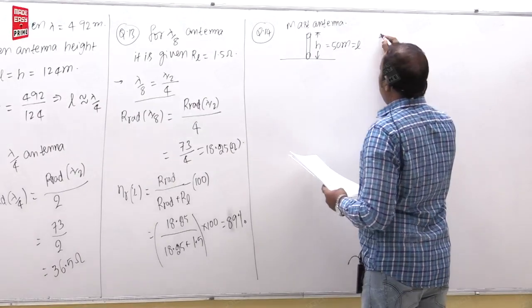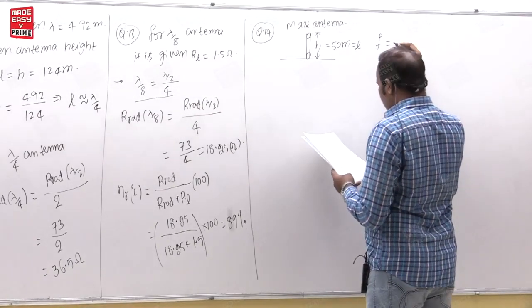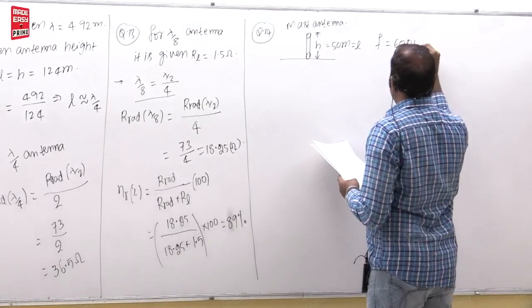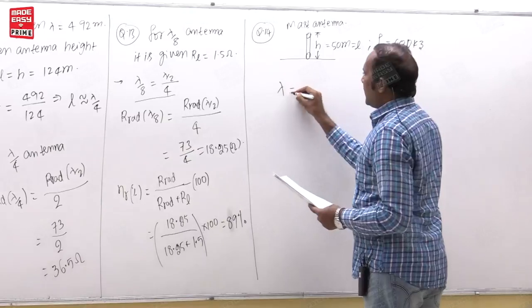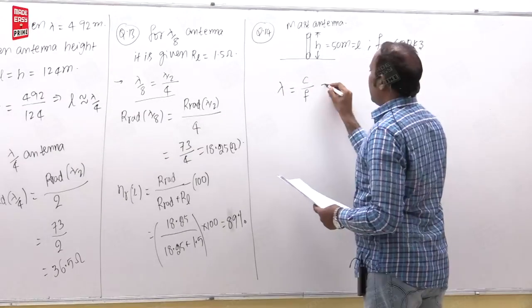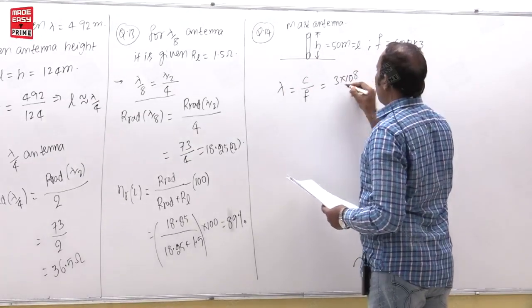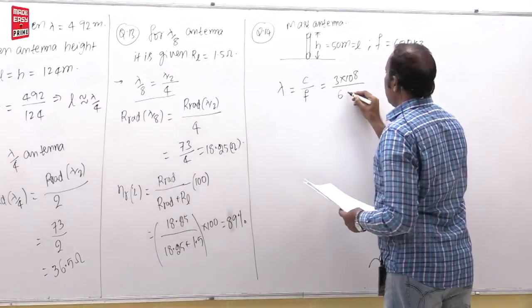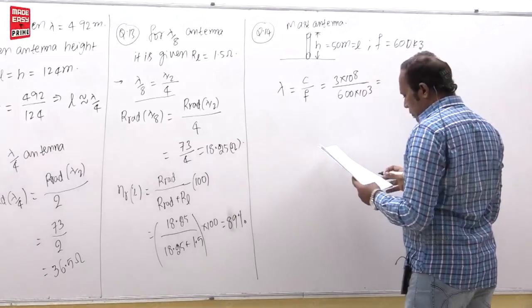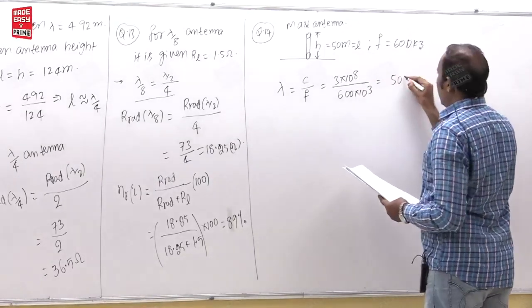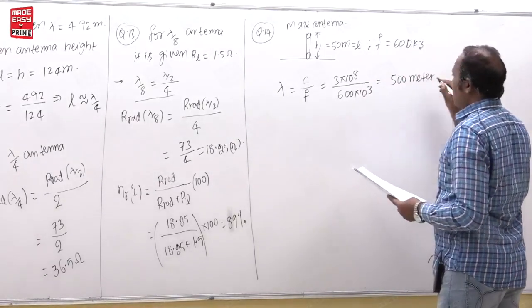Then the given frequency is 600 kilohertz, dear students. Now let us find the wavelength, that is 3 into 10 to the power 8 divided by 600 into 10 cube. So this value you get is 500 meter, dear students.